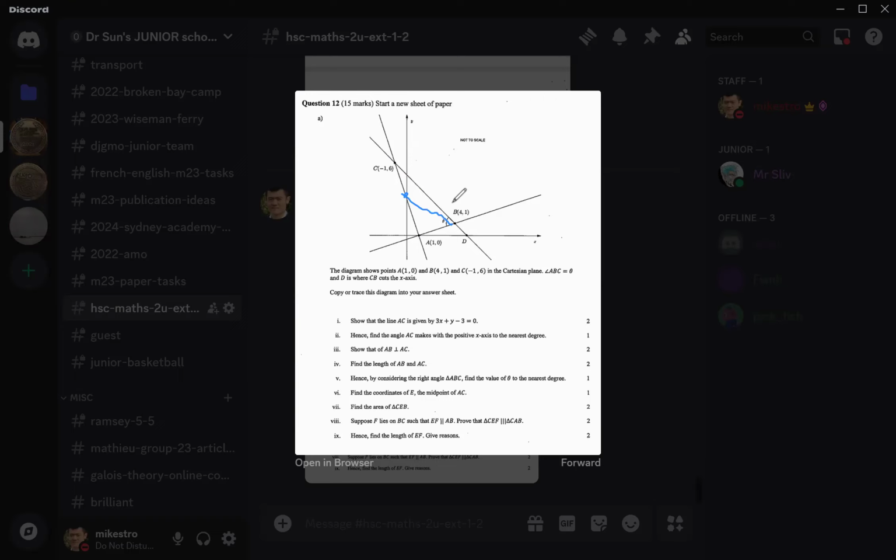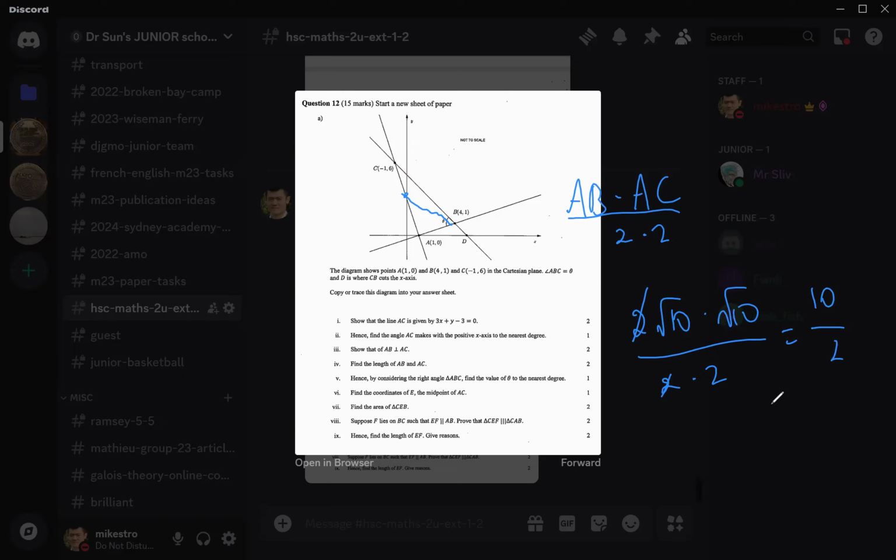So the area is just AB times AC on 2, but then you're halving it again, so it's on 4. And it was just 2 root 10 times root 10 on 2 times 2, so the 2's cancel. You get 10 on 2, which is 5.